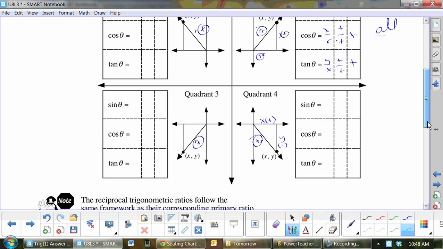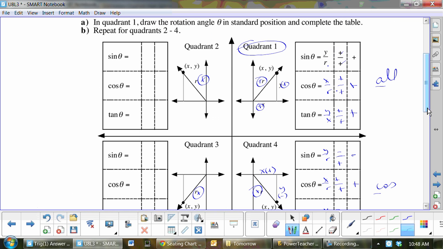So sine is y over r, so y is negative over r is positive, so that's a negative. Cos is x over r. X is positive, r is positive, so that's positive. And tan is y over x, so that's negative over a positive, so that's negative. So only cos is positive in that.